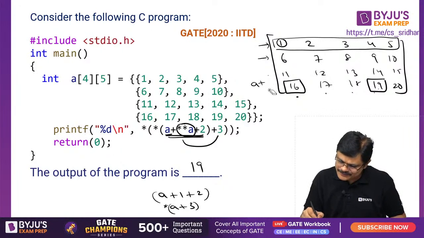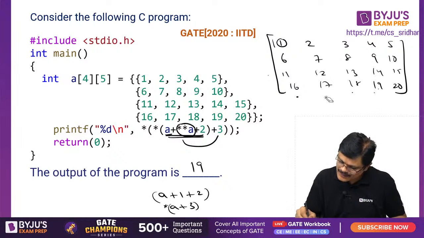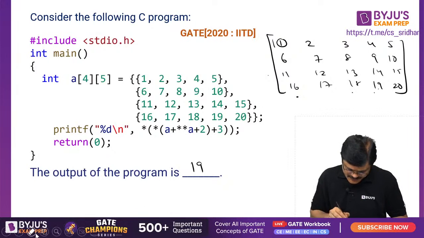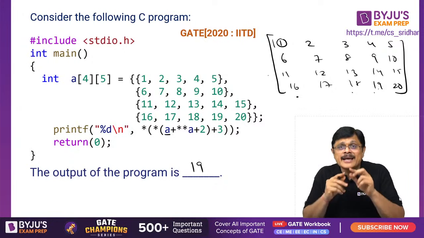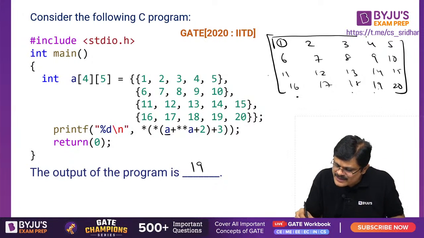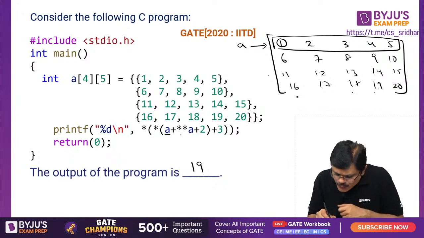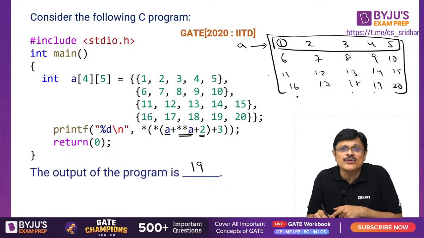See, look here. The confusing part in this problem would be, what is A? A is a pointer to the 0th 1D array. A actually points to this. For A you added something. Plus 2 is direct, but what does star A mean?